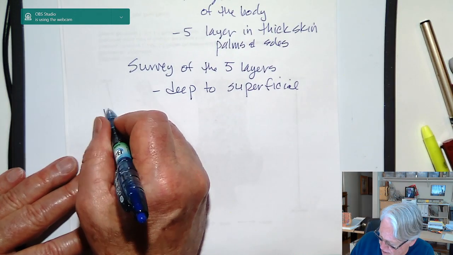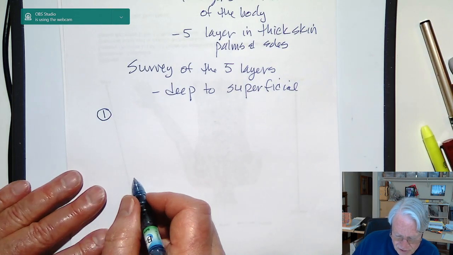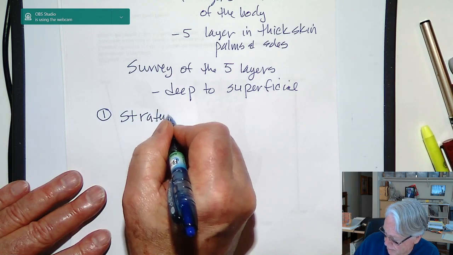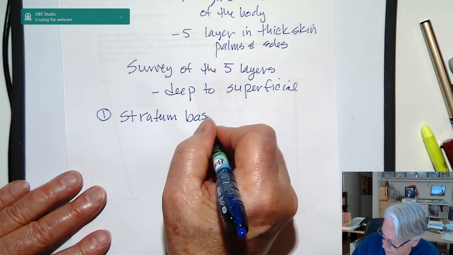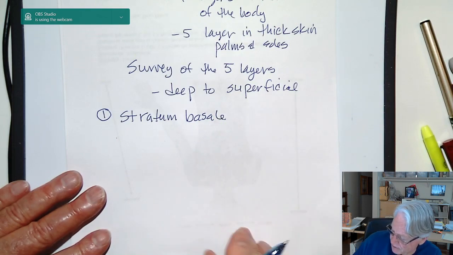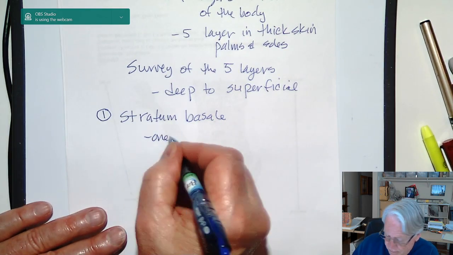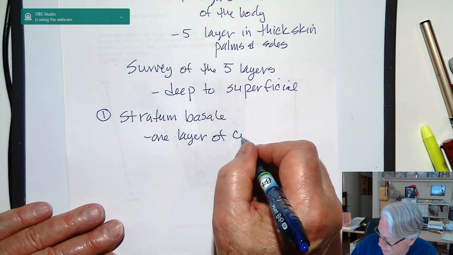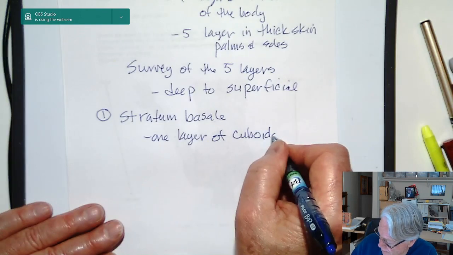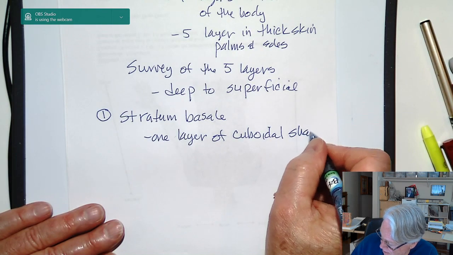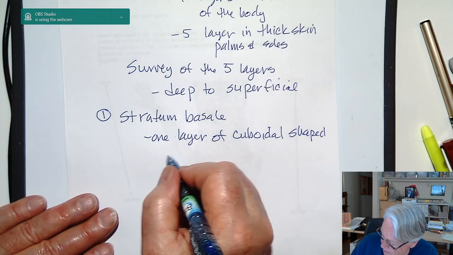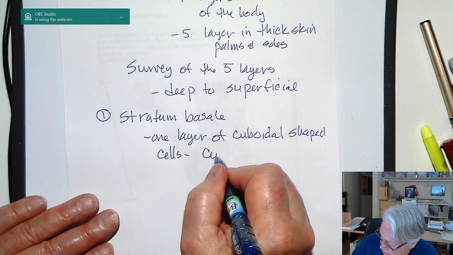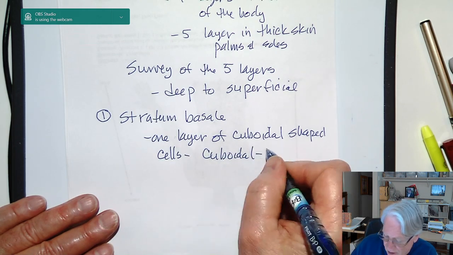So let's begin. Number 1 is the stratum basale. This is a one layer of cuboidal shaped cells. So actually it's from cuboidal to columnar.